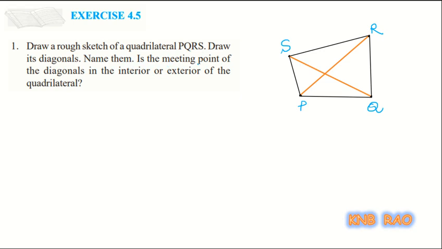Now after drawing, name them. Is the meeting point of diagonals in the interior or exterior? Which is the meeting point also, you know? This meeting point, it is interior in this quadrilateral.